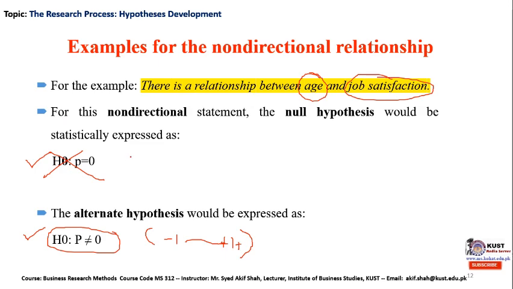When this is rejected, the researcher will go with the alternative hypothesis, and hence he or she can finally conclude that there is a certain relationship between age and job satisfaction, depending upon whether your final statistical results favor a positive or negative relationship.